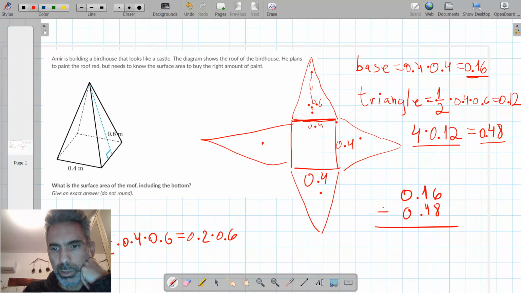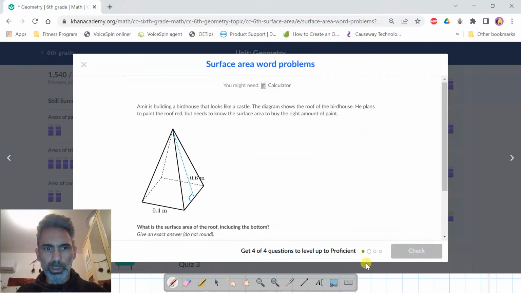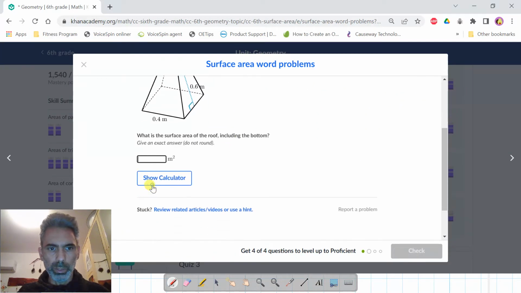I need to add them both together: 6 plus 8 is 14, 1 plus 1 is 2, 2 plus 4 is 6. So the entire surface area is 0.64 meters squared.